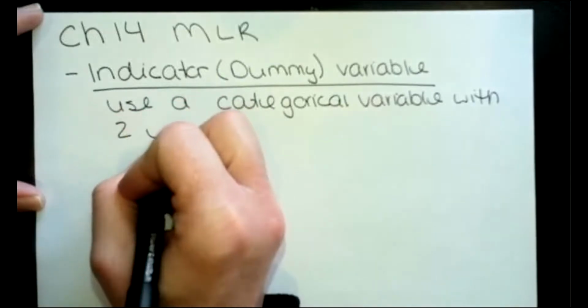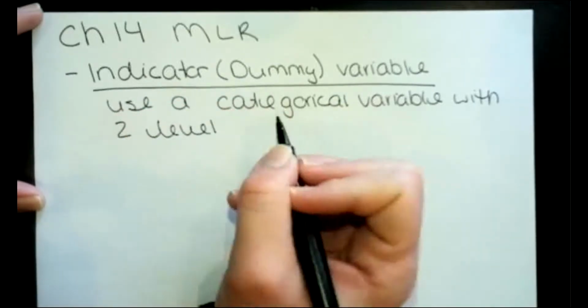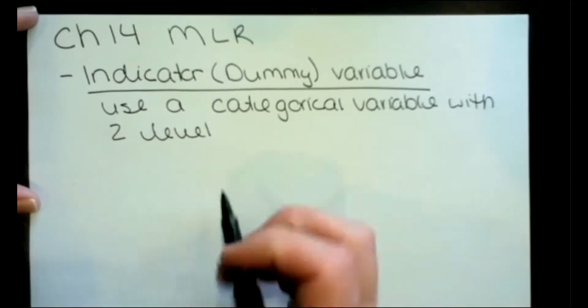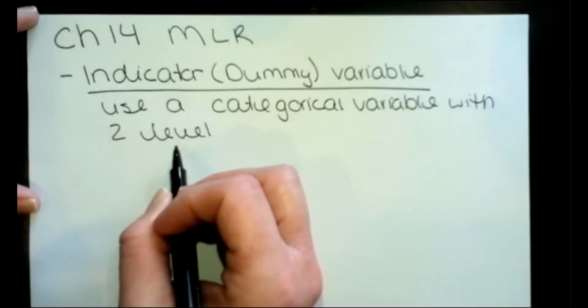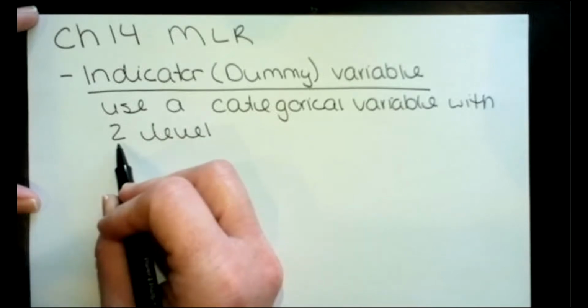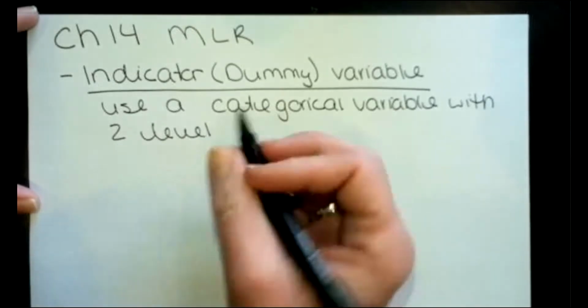So we should be familiar with the number of levels. It's how you can answer a question, like a yes, no kind of thing. With two levels, it's not like you can have 5 different answers. That'd be 5 levels; 2 answers, 2 levels.